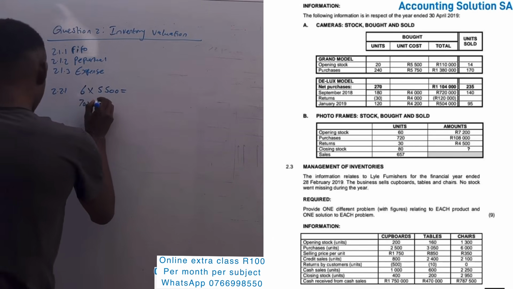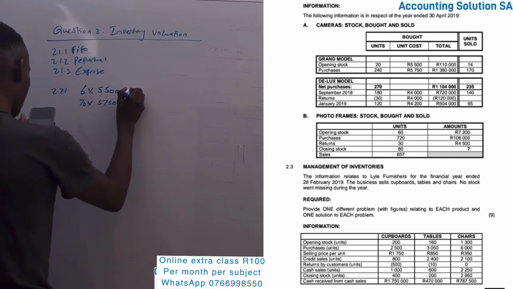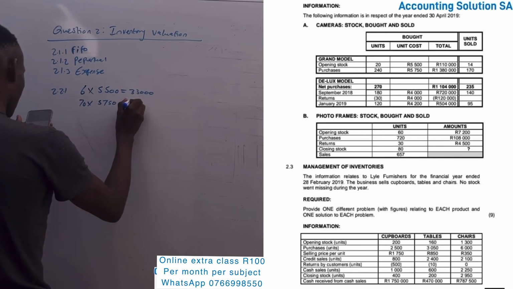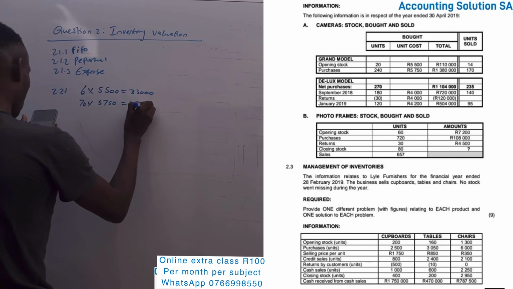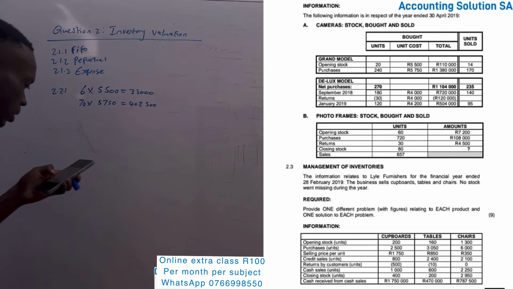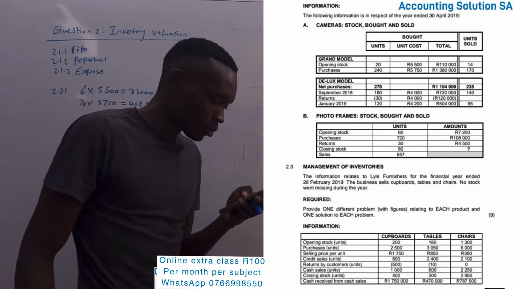Okay, and you multiply by its price of 5,750. The first one is going to give you 33,000, and this one 402,500. Okay, let's check the other inventory that has been sold.